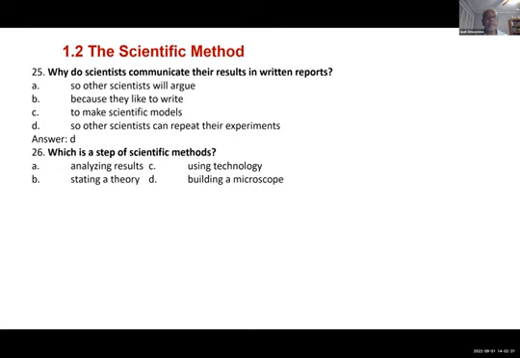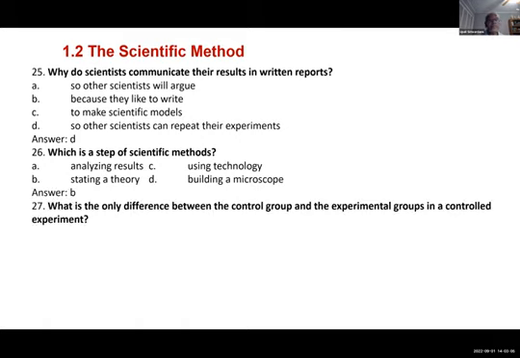Out of these four, what is a step? Analyzing data is in the experiment. It's not a part of the steps. Using technology is part of the experiment. Building a microscope is part of the experiment. Therefore, the scientific step in the scientific method is stating a theory.